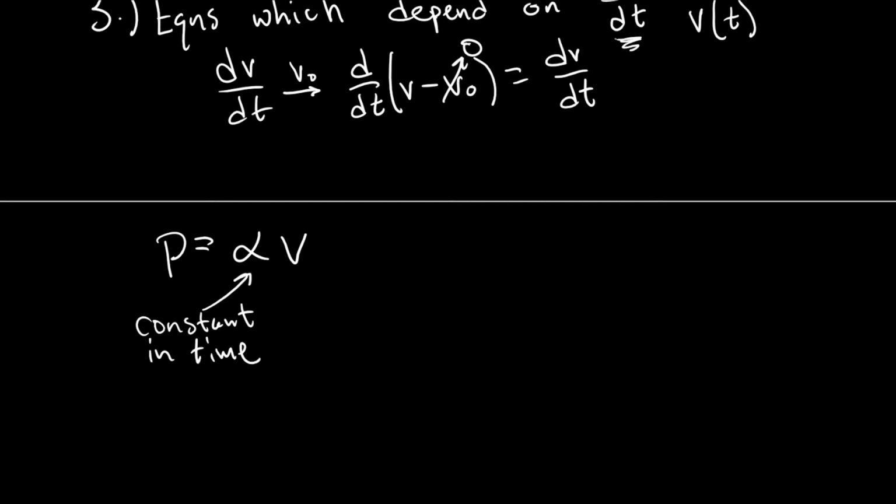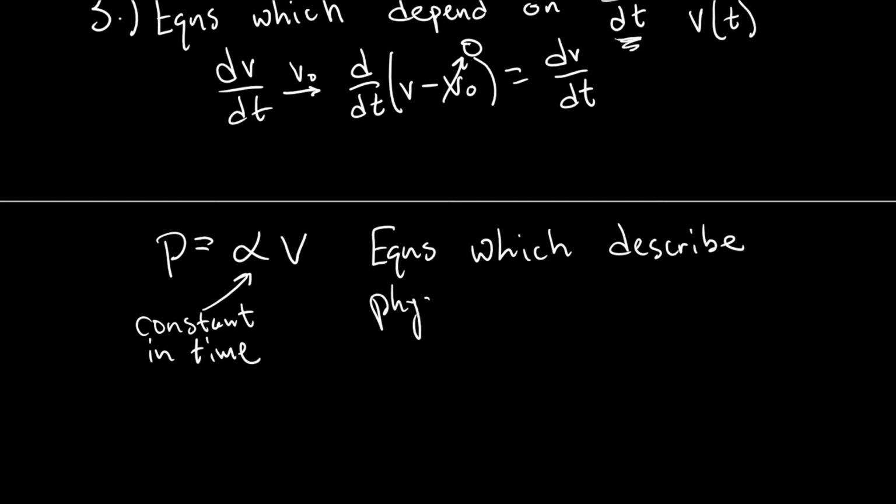And the equations which describe physics, I'll just give it the name F. We'll see why I'm giving it these names later. And it's just going to be the time derivative of this thing, this object.